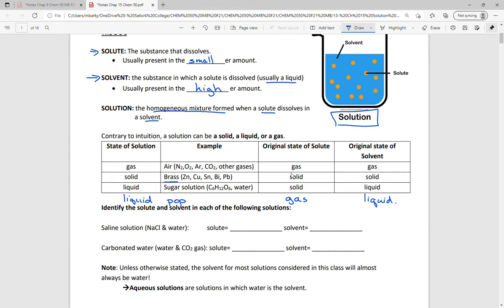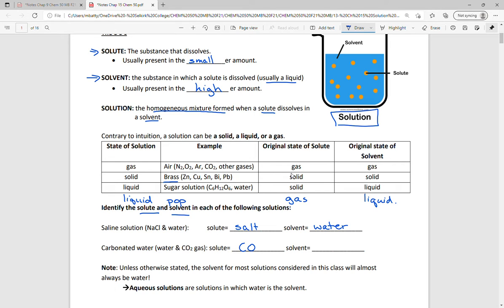Okay, so identify the solute and the solvent in these examples. A saline solution, that's NaCl or salt and water, where the solute is salt and the solvent is water. Here we have an example of a gas dissolved in a liquid, so carbonated water, and CO2 is the gas.